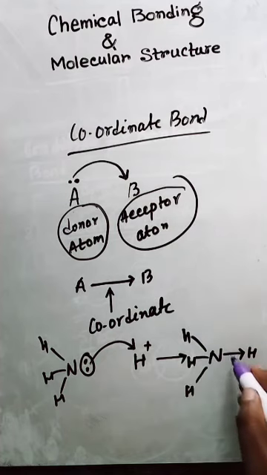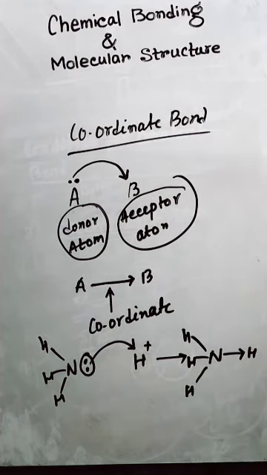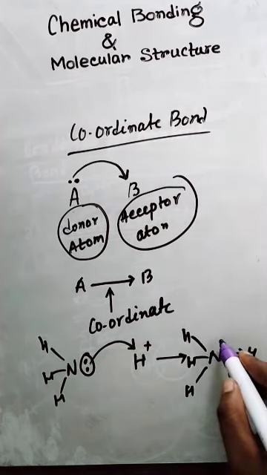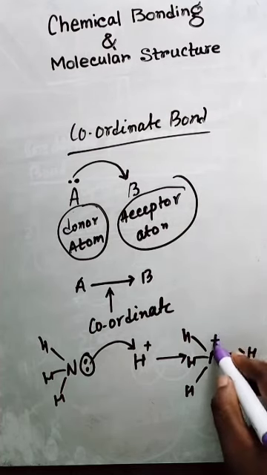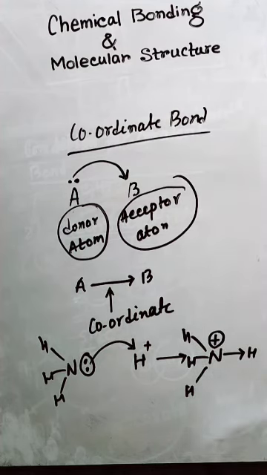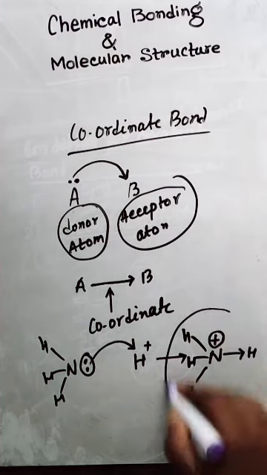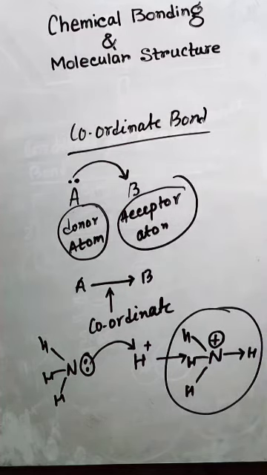So here a coordinate bond is produced between nitrogen and hydrogen, and as nitrogen acts as a donor atom and donates its electrons, there is a positive charge on the nitrogen atom. So this molecule is known as a coordinate molecule.